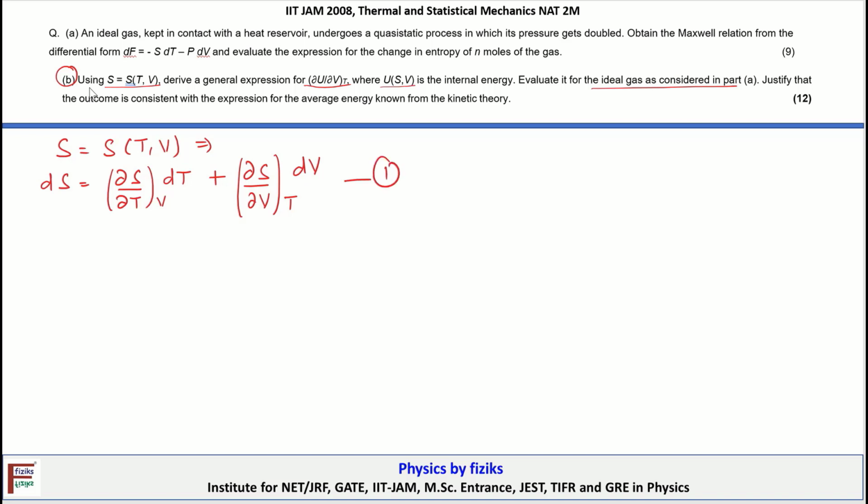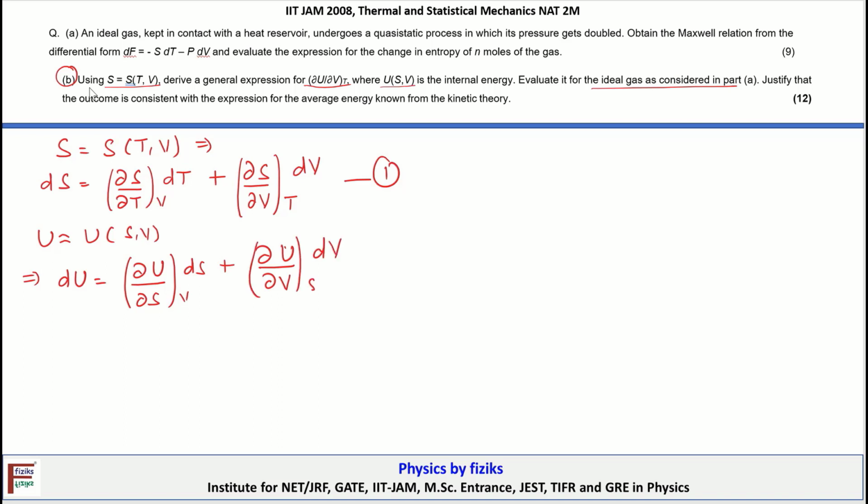Now further, it's also given that U is a function of S and V. So as we did for entropy change, in the same way we can calculate the small change in internal energy, dU equal to (∂U/∂S) at constant volume dS plus (∂U/∂V) at constant S dV. Now we will substitute the dS value from equation 1 here.